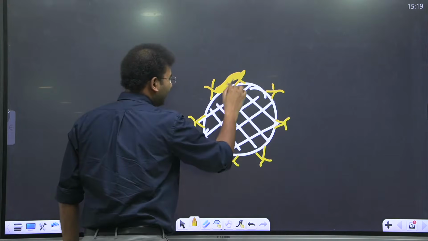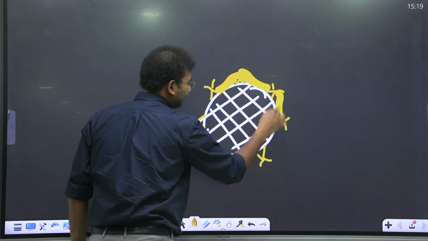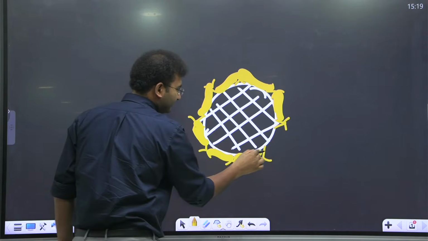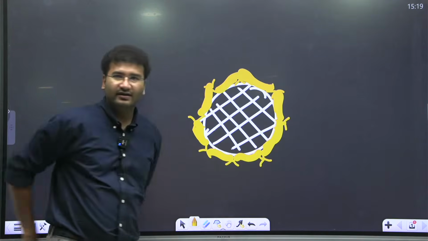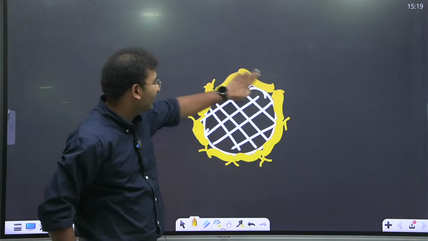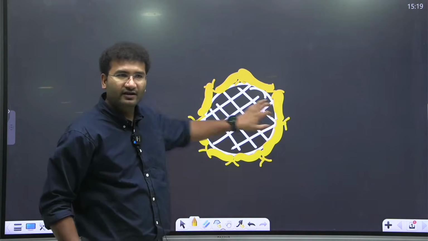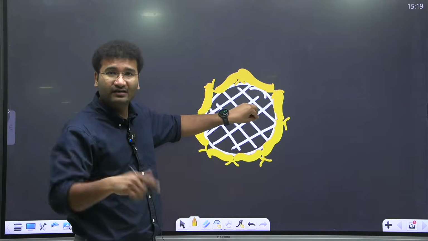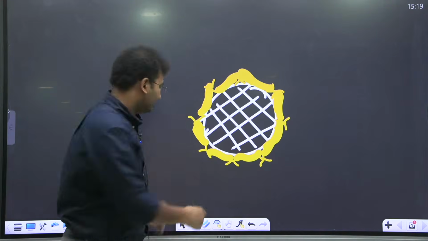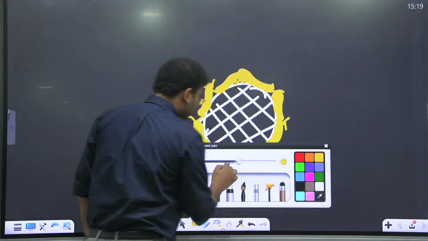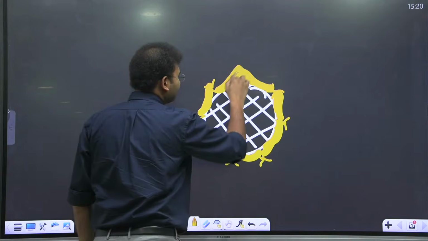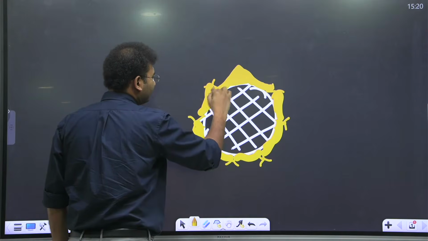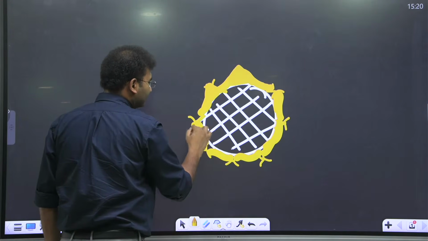That means the magma is thrown out on either side, and this became our crust in the initial days, right? This is your crust. Agreed? That means the first cooling happened from the surface, and the interior of the earth is still hot. Even today it is hot. Core, mantle, you might have studied, it's still hot. So these places, wherever you see the uplifted land masses, turned out to be your original land masses on the earth.